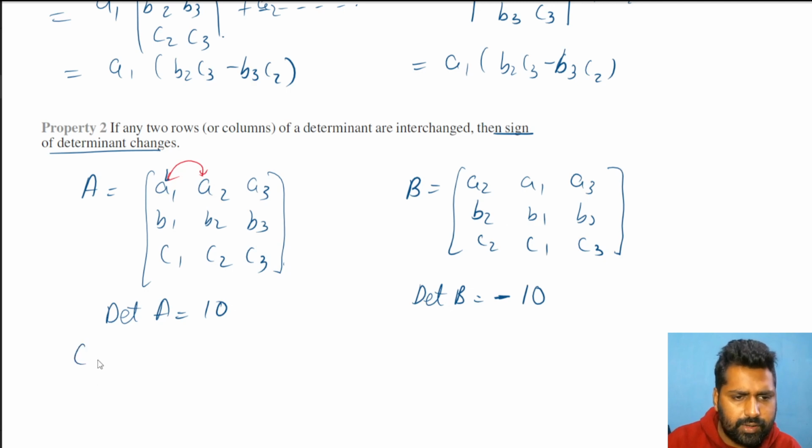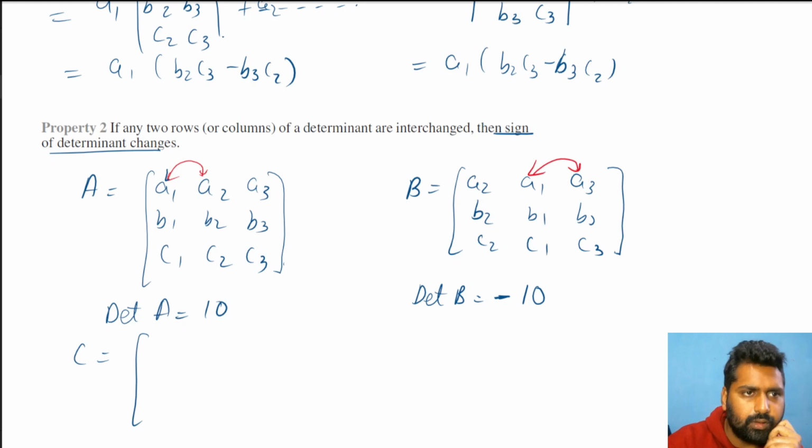Let's say you have another matrix C. Again I'm doing one more change, interchanging these two. This is applicable to both columns as well as rows.